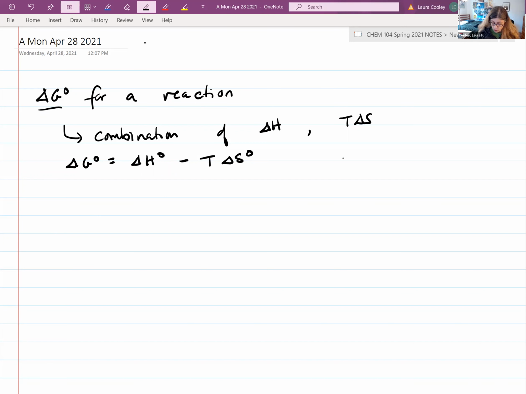So what I talked about also last class was that not only is it delta H minus T delta S, as you know, that's how we figure out what it is, but it's also the amount of useful work a system can do.